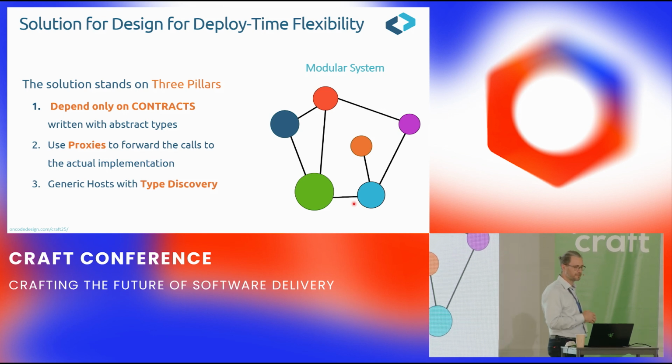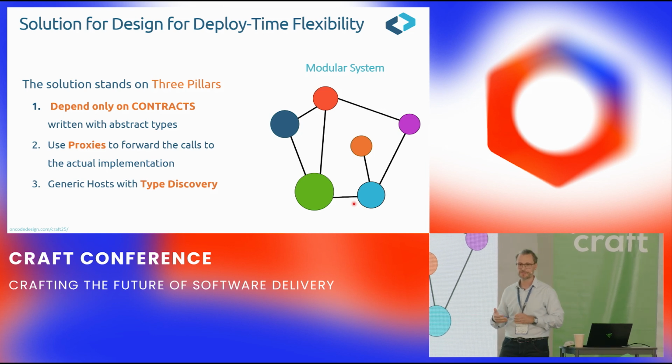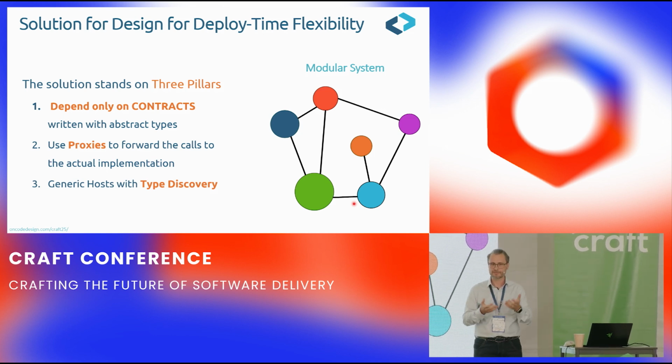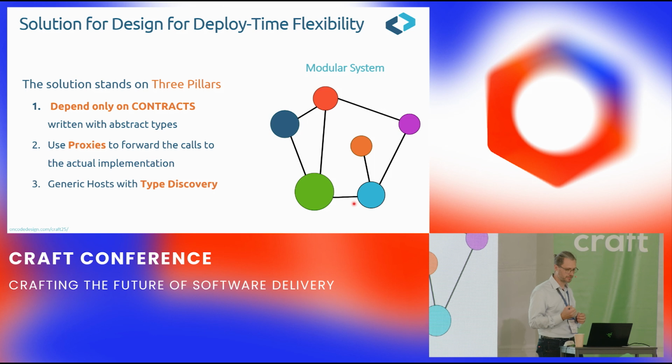And then the third pillar is type discovery, which allows us to implement a generic host. So we could have a host. In our demo, it will be just a console, which can host any service. And it needs type discovery because it needs to look what has been deployed when the process starts.